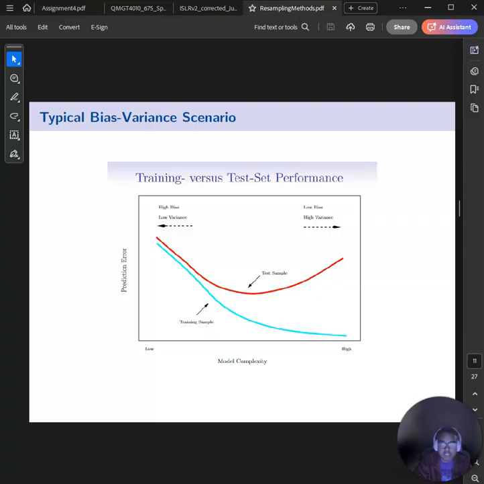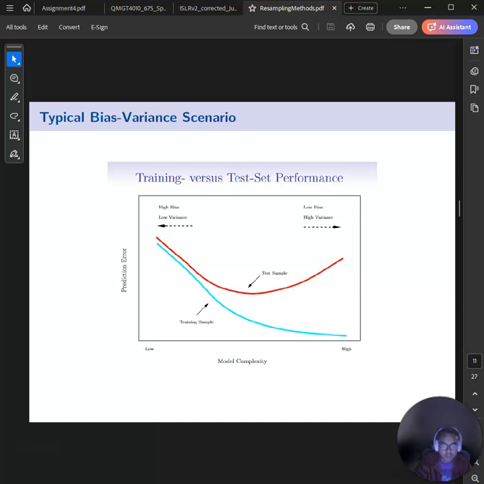The vertical axis shows prediction error. Notice the two curves over here. The blue line represents training error and the red line represents testing error. As we move from left to right and increase the model complexity, the blue line consistently decreases, which means the model is getting better and better at fitting the training data.